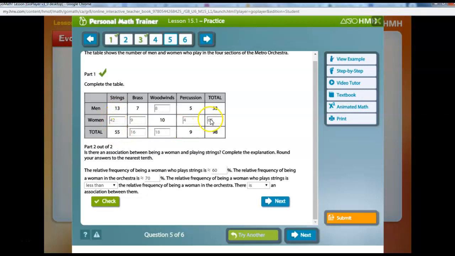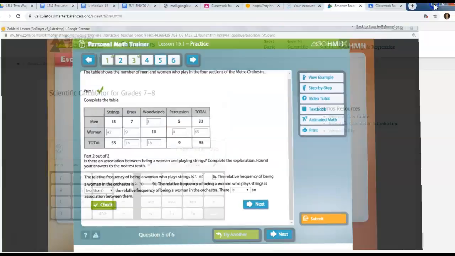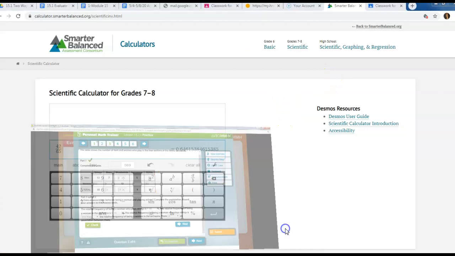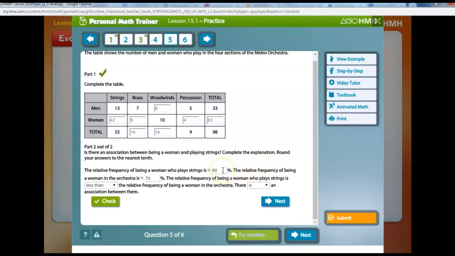Let me try that. 42 out of 65 is 64%, which rounds to 60%. So that's still 60%. Something is wrong.